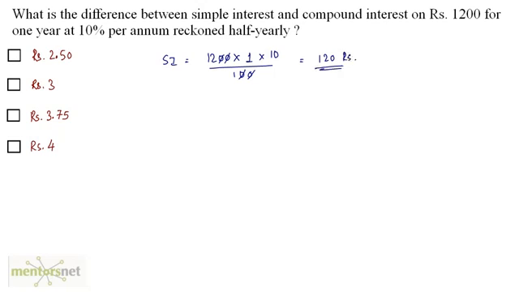The simple interest. Now the interest is compounded half yearly, so we can calculate the amount, which equals principal into 1 plus the rate halved, raised to the time doubled, so 2n. So this is basically equal to principal 1200 into 1 plus rate 10% per annum, that will be halved, so 5 by 100, raised to the number of years, which is 1.